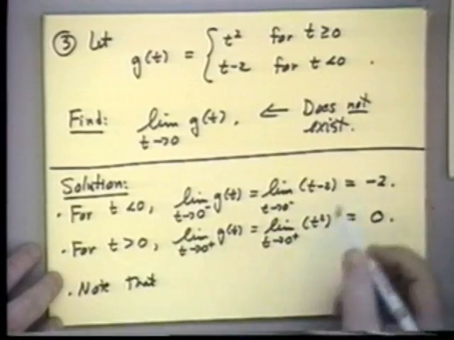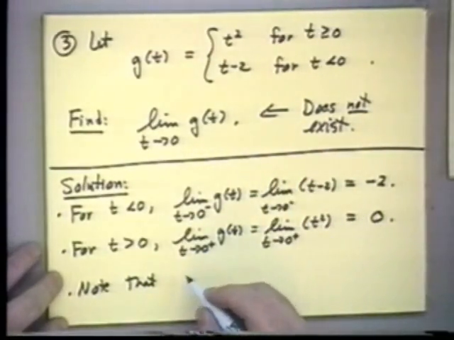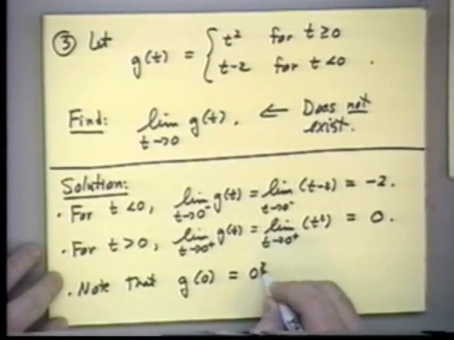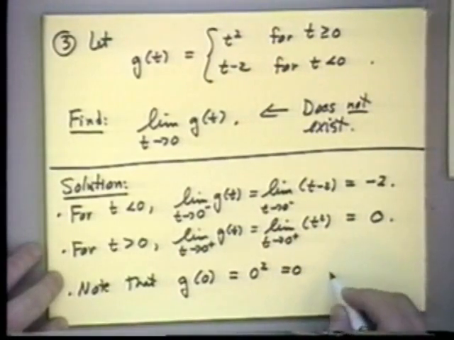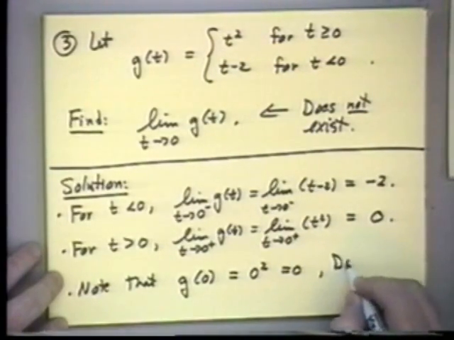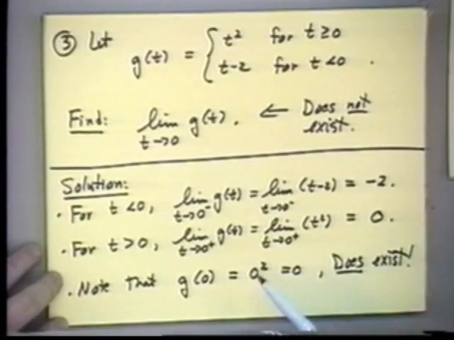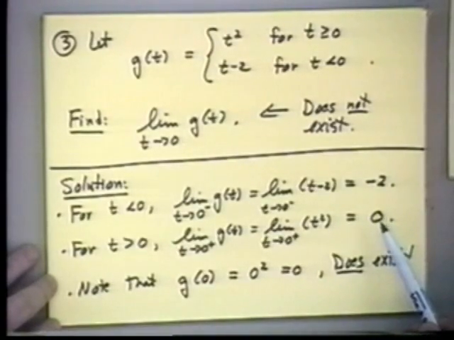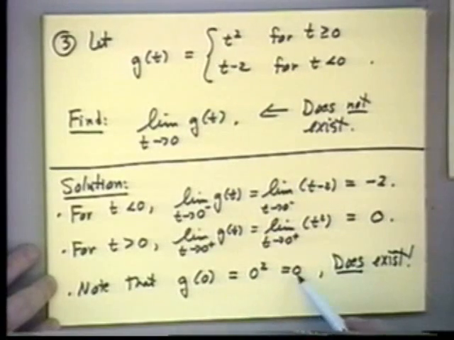Note that although the two-sided limit fails to exist, the function actually has a value at 0. G of 0 is 0 squared, because at 0 it's the t squared function, which of course is 0. So g of 0 equals 0, which does exist. So we have the interesting case of a function whose left and right limits exist, whose two-sided limit does not exist, but which does have a value at that point 0.